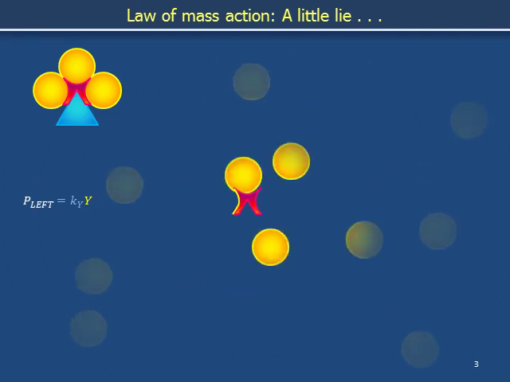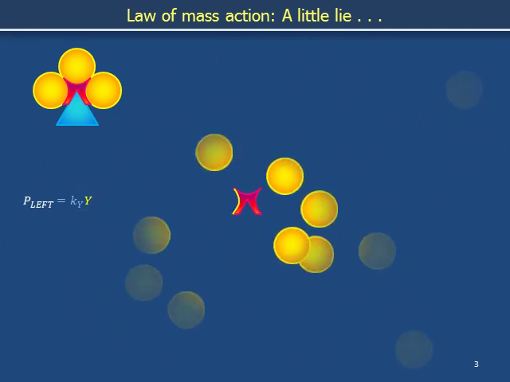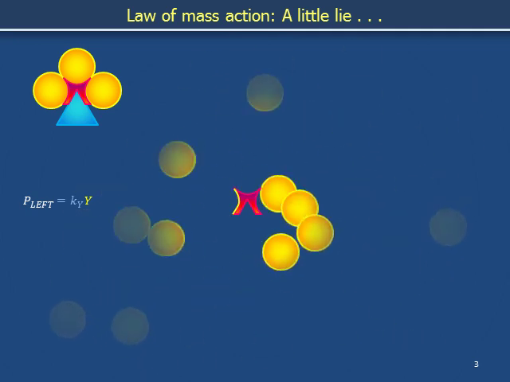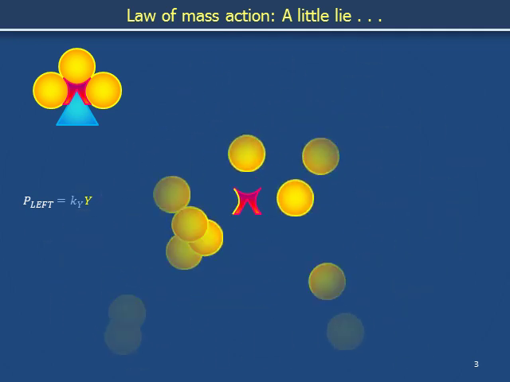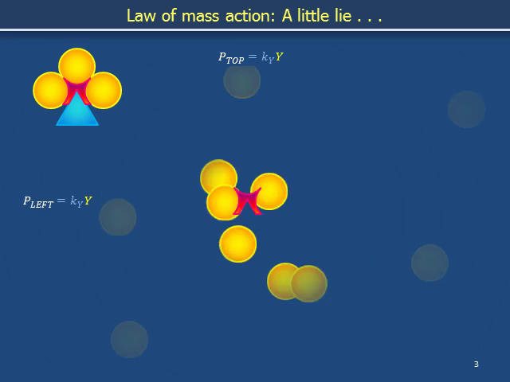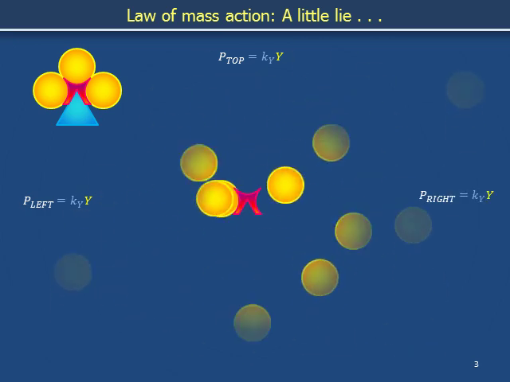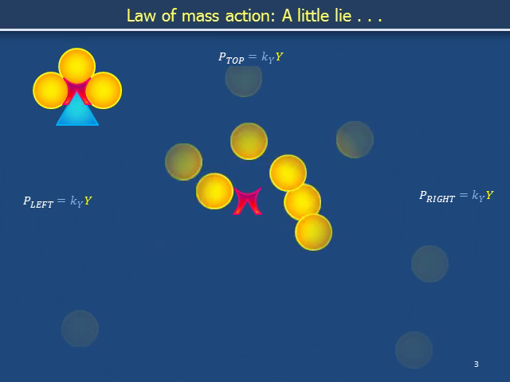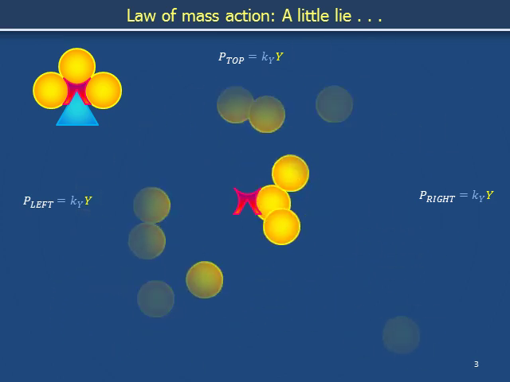The probability that the left groove is occupied is equal to k sub y times the concentration of y. Analyzing the top and right grooves in the same way, we obtain equivalent expressions for the corresponding probabilities of occupation.